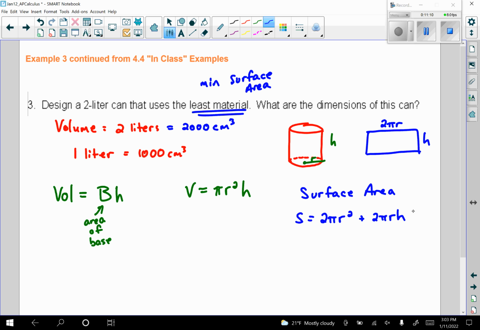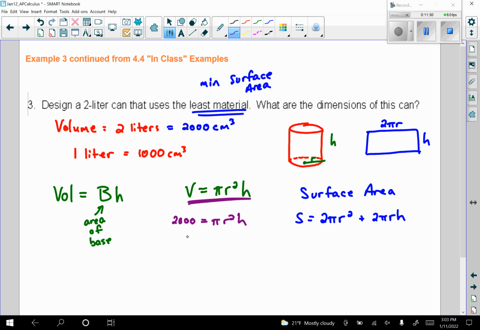But our problem here is we have a variable of r and h. We want to get everything in terms of one variable, so that's where the volume is going to help us. We're going to go back to the volume formula and solve for h in terms of r. So my volume is 2,000, and that's pi r squared times h.